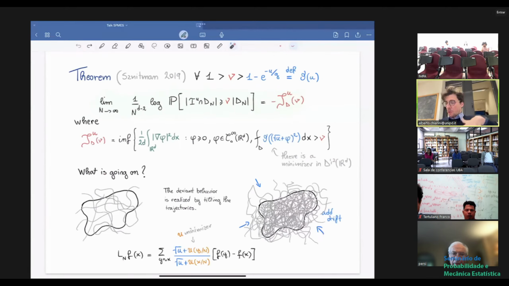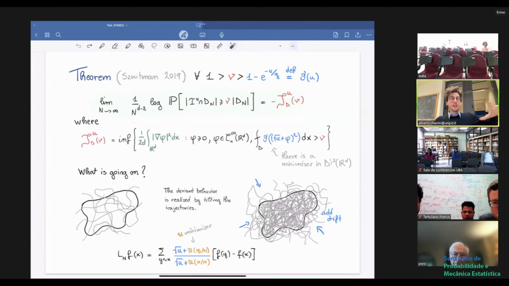Okay, what is going on? So how do random interlacements achieve this deviant behavior? To find that out, it's typical in large deviations to look at the minimizer of this rate. And the deviant behavior is realized by tilting the trajectories.